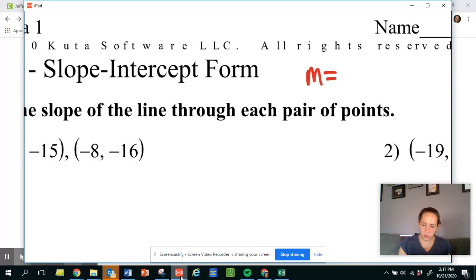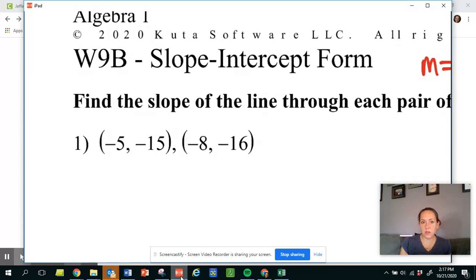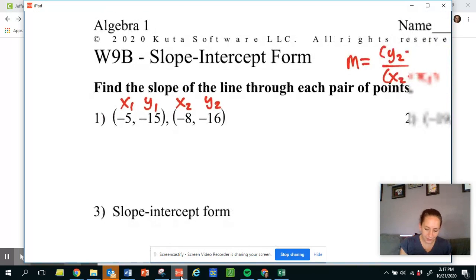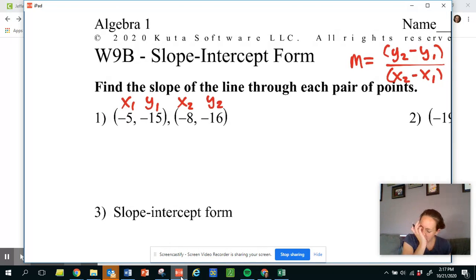where slope is the difference in the y's over the difference in the x's. So I suggest that you label your points, x1, y1, x2, y2, and then you just plug them in. So I'm going to subtract my x's, my y's.